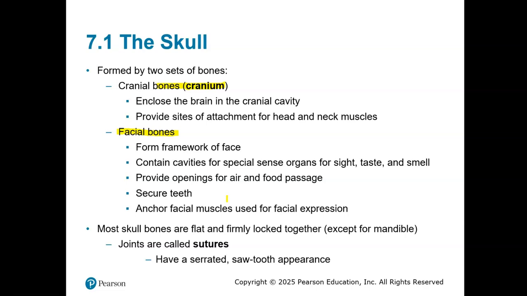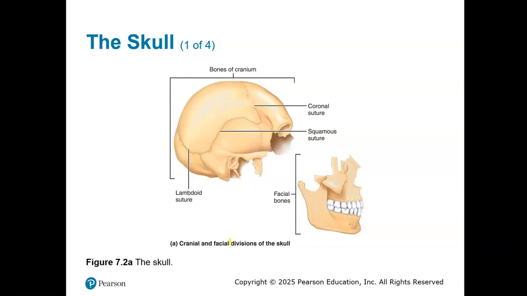Sutures are the joints that hold the skull bones together, and they are fixed, interlocking, and no movement is permitted at sutures. So the coronal suture, you might recognize that if I made a cut here, it would be a coronal section, or a coronal plane. So here's the coronal suture.